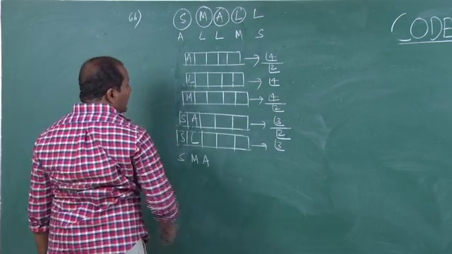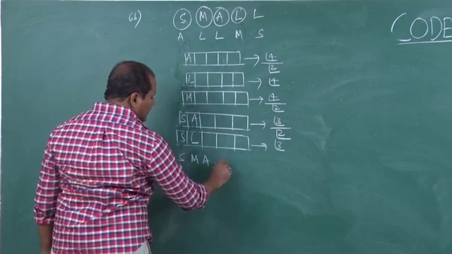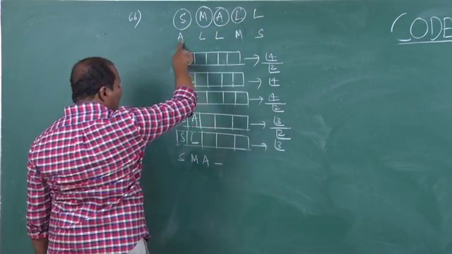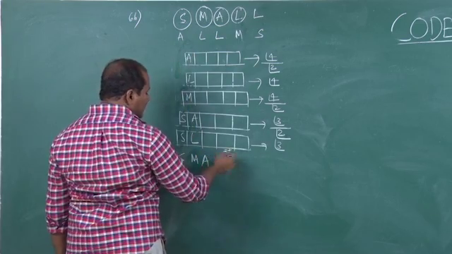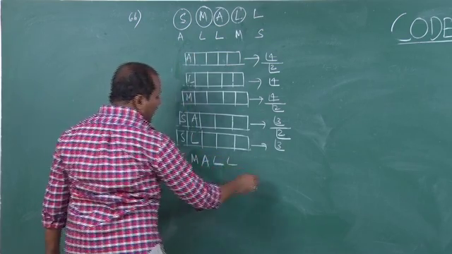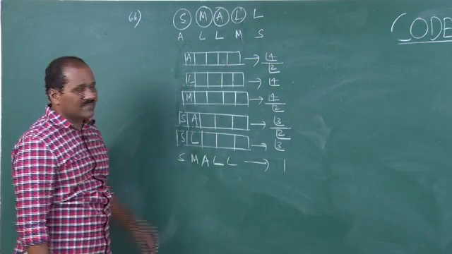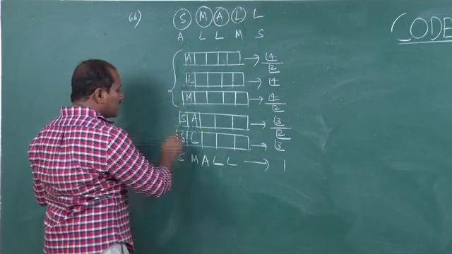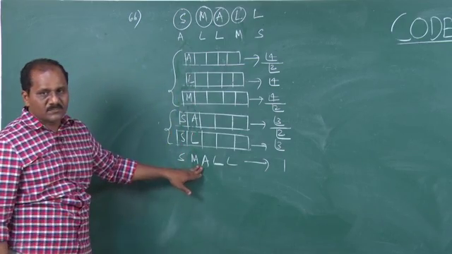So, any arrangement which starts with SMAL means the fourth place comparison. In the fourth place L is there, before L only A is there, and A is already fixed here. So, no arrangements in the fourth place, and finally the given word itself is counted one time. So, these are the arrangements. These two are first place comparisons and these two are second place comparisons, and this is the final one.